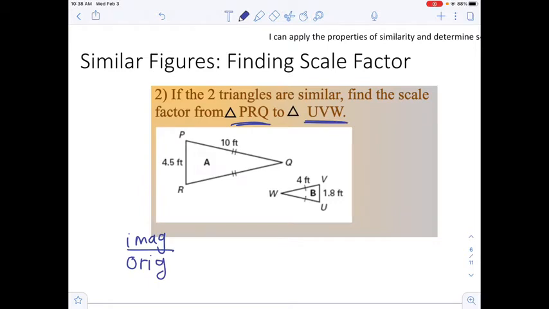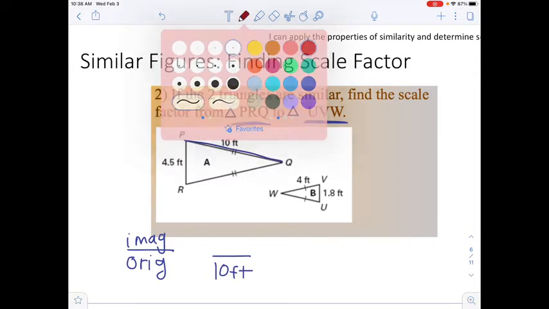So if you want to think of it as new over original, that's fine as well. So I'm going to choose a side length from, let's just start with this big triangle here, 10 feet, and that's our original shape. So I'm going to put that on the bottom, 10 feet. And then on the top, I have to do the corresponding side. So that was PQ.